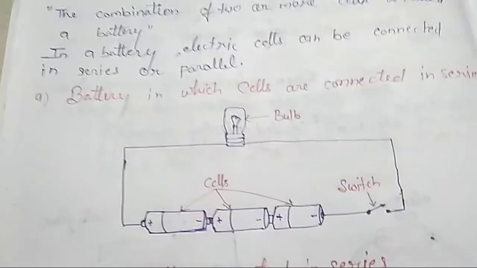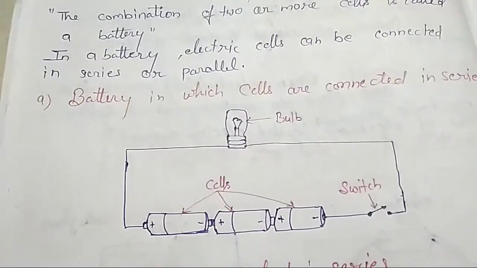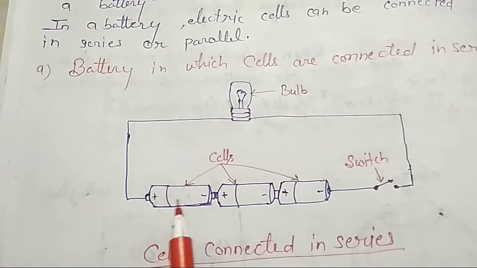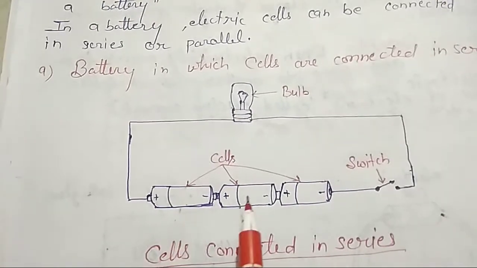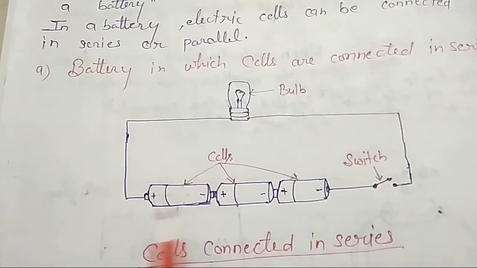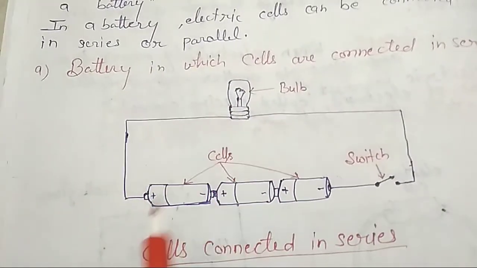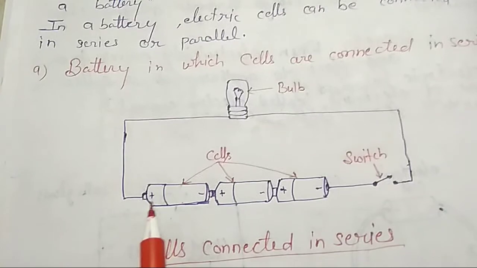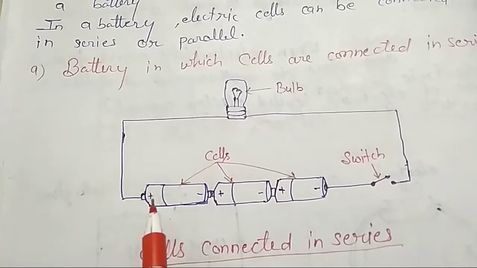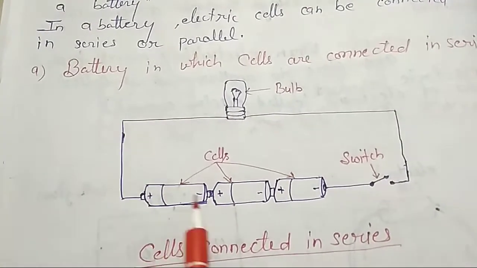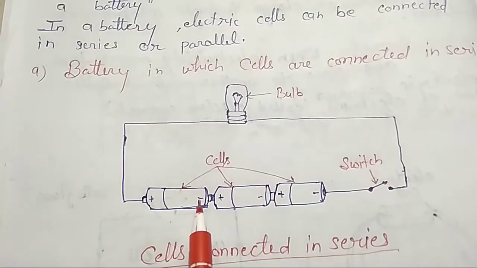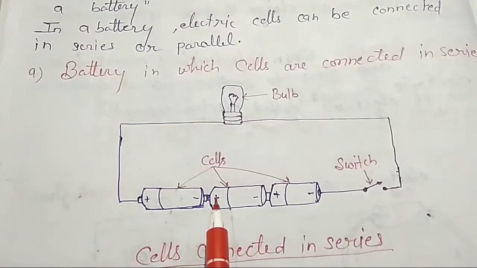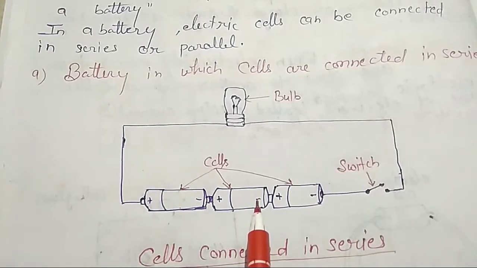Here you can see this is the circuit diagram. There are three cells, 1, 2, 3, and they are connected to each other one by one. This is the positive terminal of the cell and this is the negative terminal of the cell. And the next cell has a positive terminal and a negative terminal.